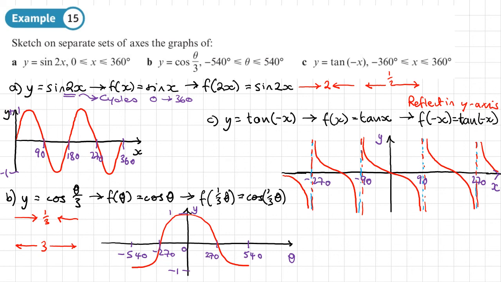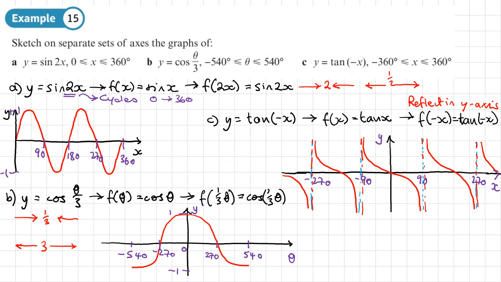Now if you compare this to one of the previous questions, actually example 12 part B, you'll notice it's exactly the same. So the graph in that case was negative tan theta. Well, it's exactly the same as the graph of tan negative theta.